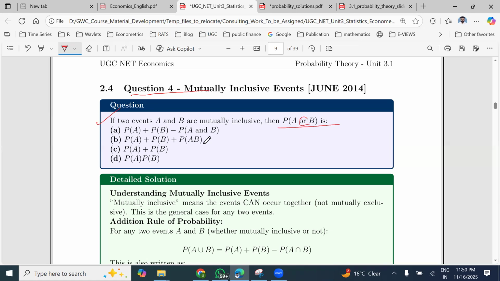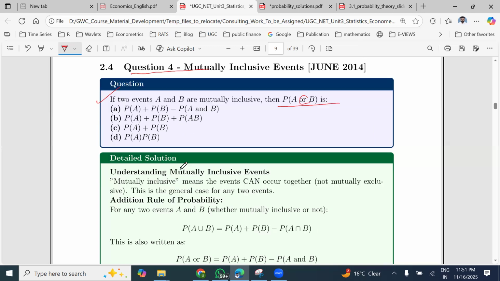Very good. So if two events are mutually inclusive, then P(A or B) is, basically it is talking about the addition rule of probability. Answer: P(A) plus P(B) minus probability of A and B, isn't it?